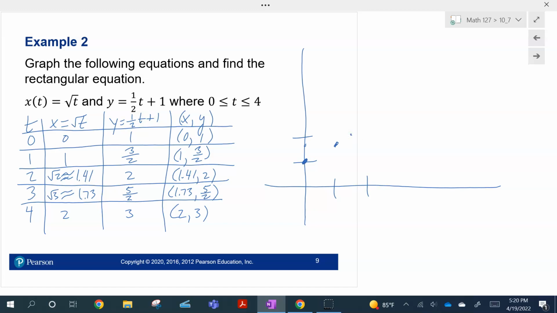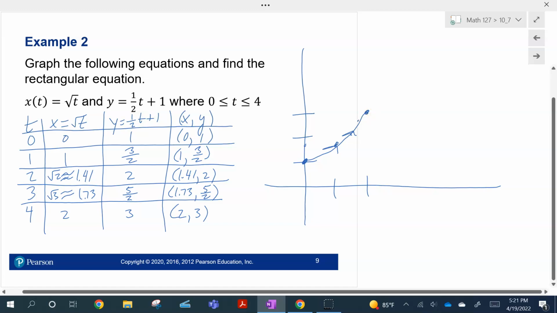We got 1.73 comma 2.5, about right there. I got 2 comma 3 about right there. I didn't draw that too great, but it kind of goes like that. And the arrows again indicate the direction, or the orientation, if you will, ending right there.